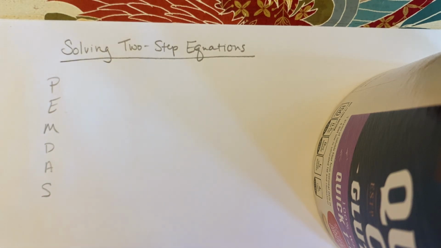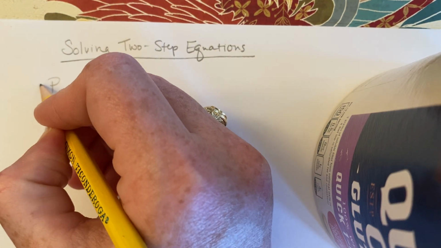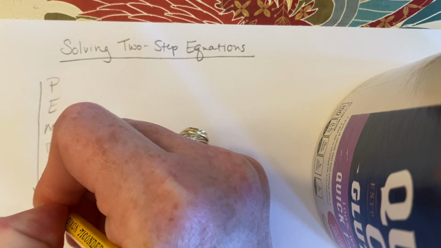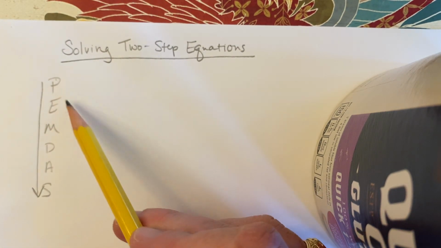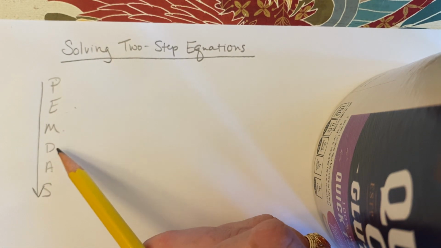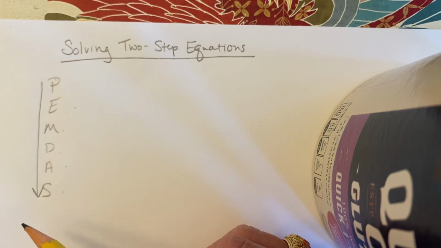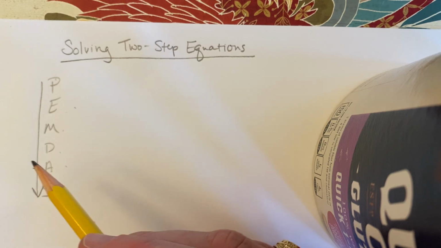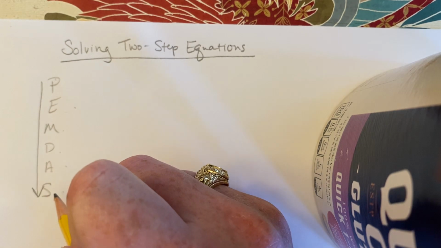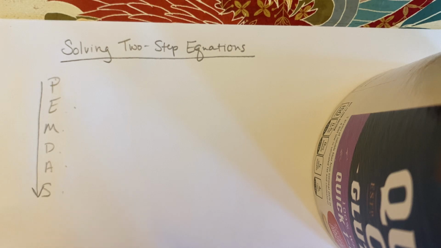We follow this acronym, and that's generally the order that we go in: parentheses, exponents, then we multiply or divide, then we add or subtract. That is all exactly backwards when we're solving. The idea when we're solving is that we're undoing the math that has been done.